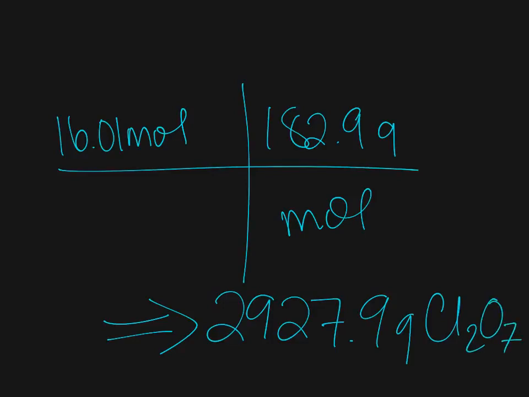But we can't stop there because now that we're at the end of our problem, we have to deal with sig figs. So throughout the problem, the thing that has the lowest amount of sig figs was the amount of molecules we had, which was 9.64 times 10 to the 24th. Now for this, there are only 3 sig figs.